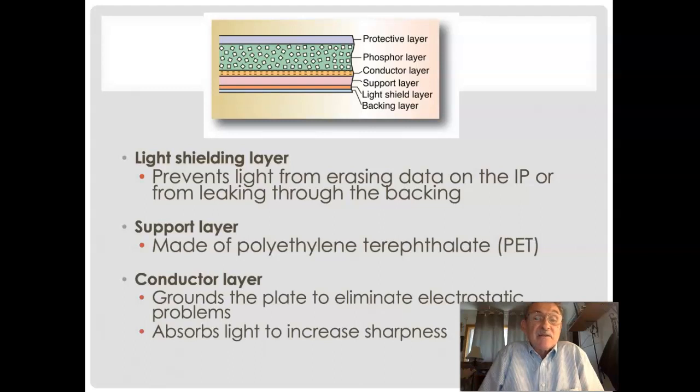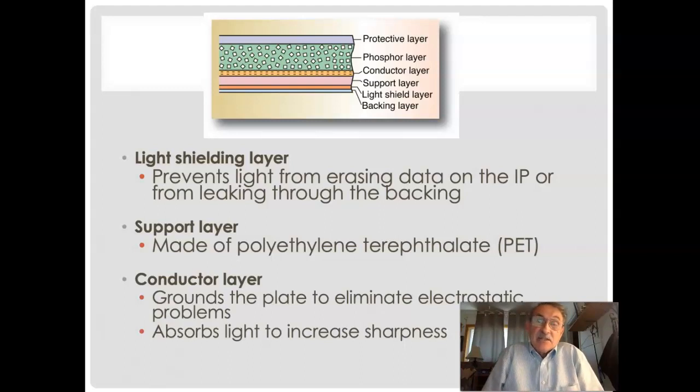We have a conductor layer, and that grounds the plate to eliminate electrostatic problems. Yes, we want some light to happen, but we don't particularly want static electricity to happen within there, because that is going to create, as you know, an artifact. I don't know if Christy talked about lightning artifacts that we used to get with film screen when the humidity was too low, and when you rub the individual pieces of film together in an environment that's too dry, it creates static electricity.